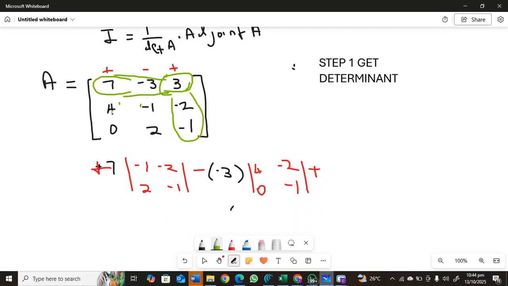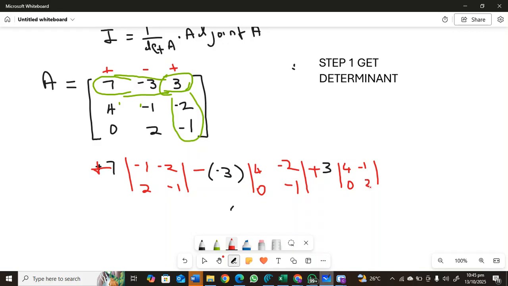So I have this small matrix here, 4, negative 1, 0, and 2. So here we're going to put plus, as we put the 3, which we've circled. Then here we have 4, negative 1, 0, and 2.